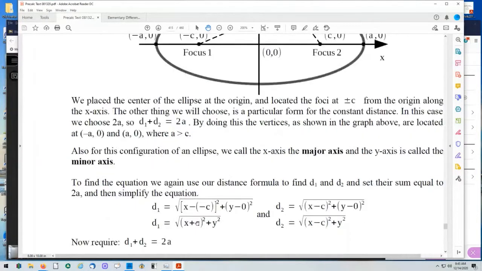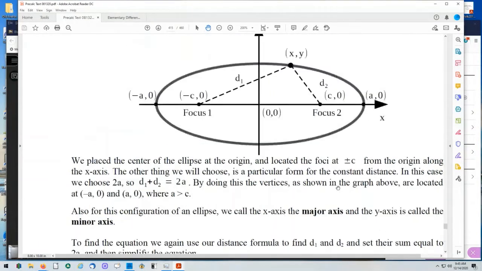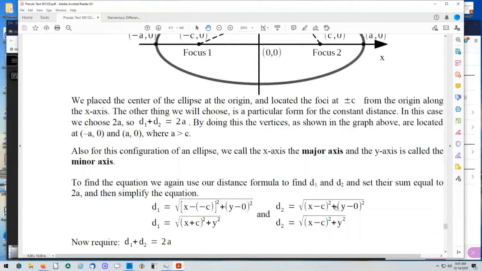So I get the square root of x plus c squared plus y squared. Distance 2 is done in a similar way. Now it's this point to that point, where c is now positive, and we end up with x minus c and then y squared.